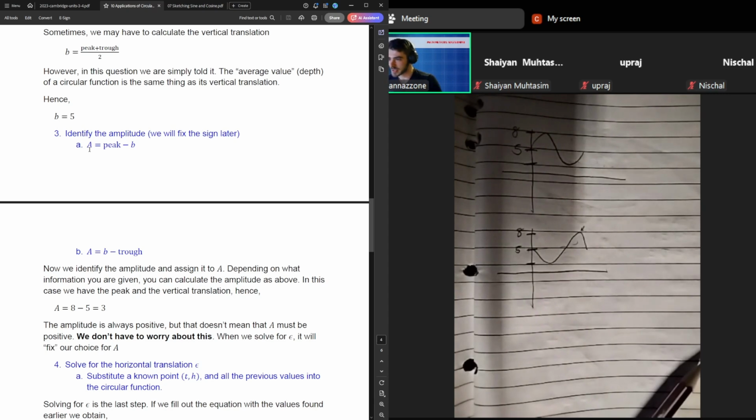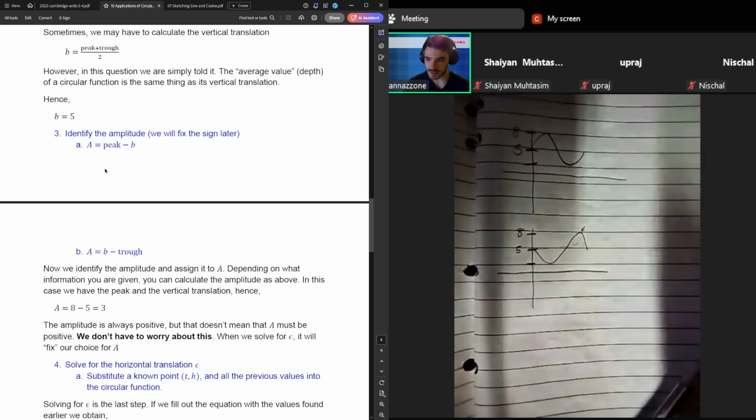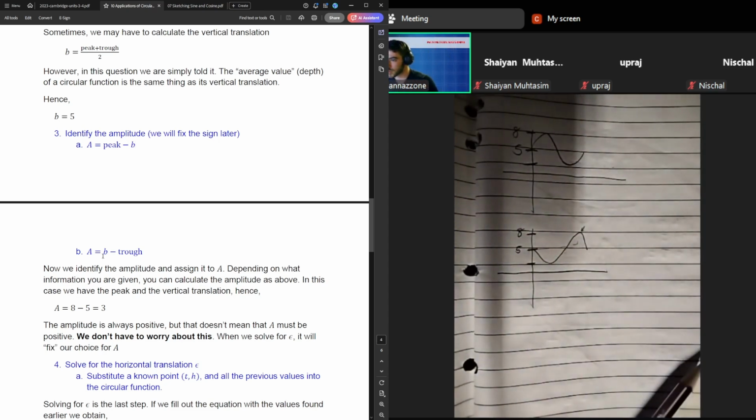So there are a couple of ways you can calculate the A value. We can say the amplitude, but just be mindful, technically it's a bit of a different thing. You could do the peak minus the mid-level, which is what we have. We have the peak value of 8, and we have the middle value of 5. Or if you have the trough instead, you could do middle minus trough.